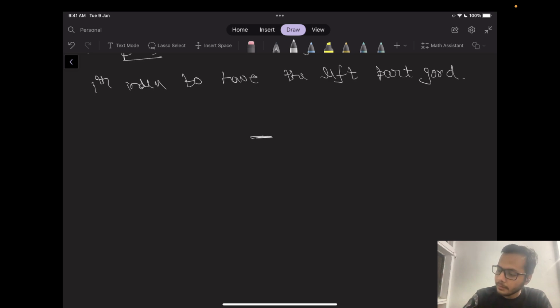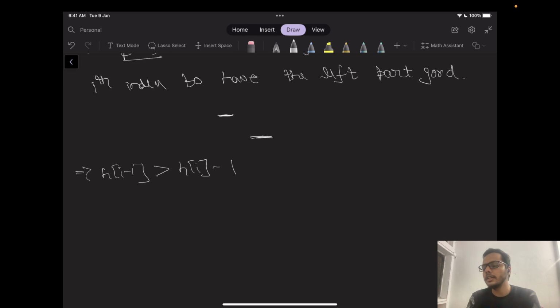Let's say that h of i minus 1 is somewhere here. Let's say that h of i minus 1 is in fact greater than h of i minus 1. As I've already stated, the condition that the explosion kills him is that h of i minus 1 is less than or equal to h of i minus 1.